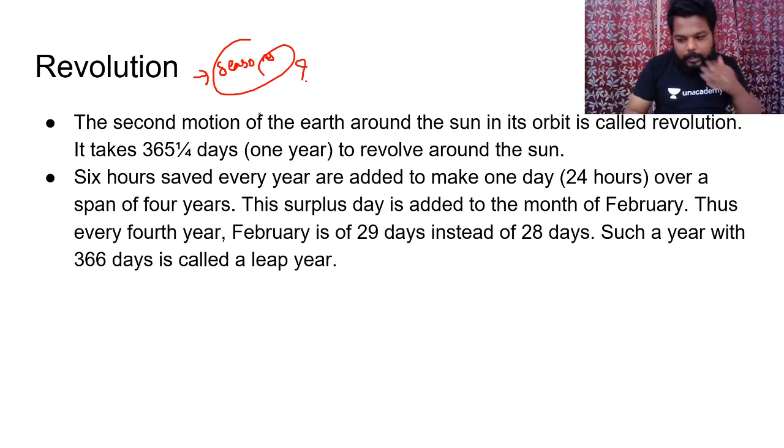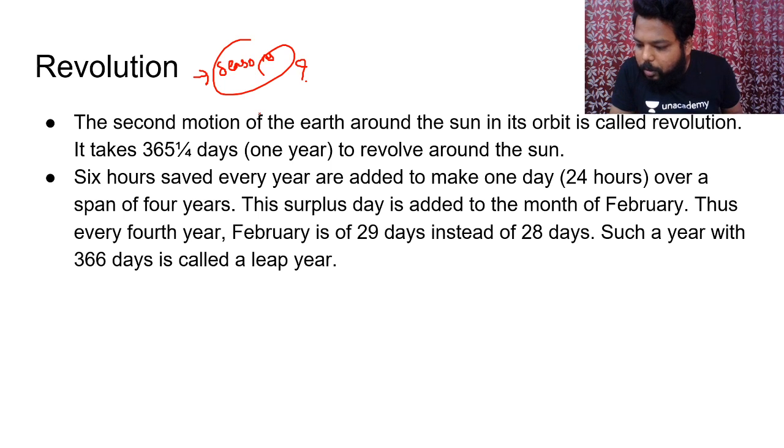The reason for seasons is: if the earth is very near to the sun, then we will have summer, and if the earth is far away from the sun, then we will have winter. Is this statement true or false? Please let me know. True, revolution is the reason for seasons. Due to revolution, seasons are caused.